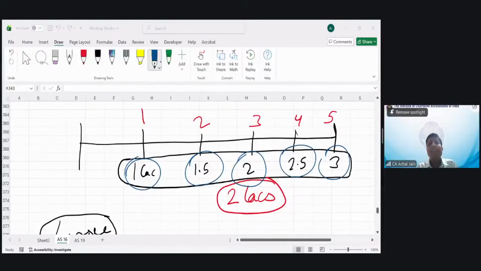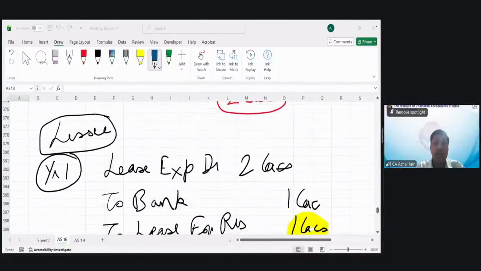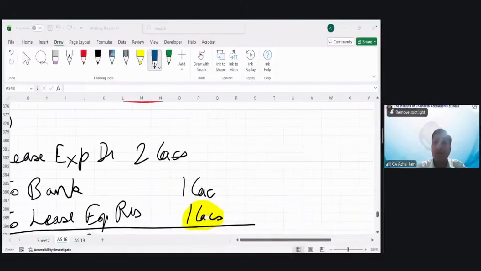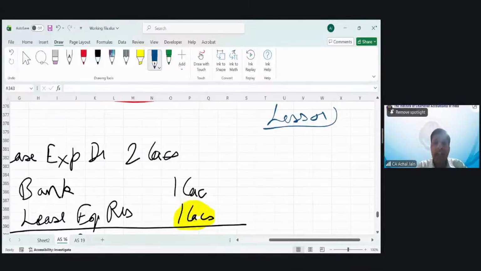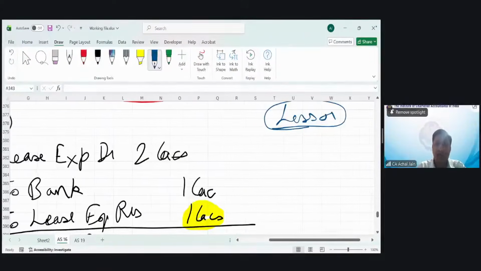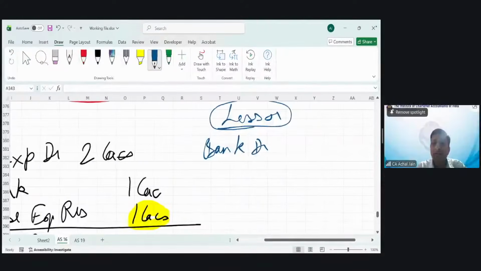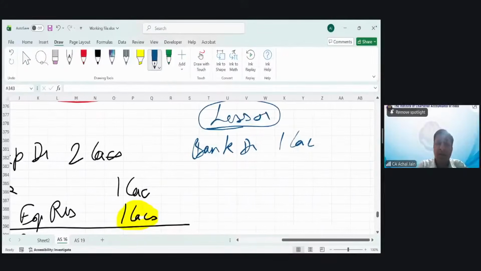Now, similar accounting will be required to be done by the lessor. If the lessee is doing this accounting, how will the lessor record this? The lessor will record this on a mirror basis. So the lessor will say bank debit 1 lakh, to lease income 2 lakhs.